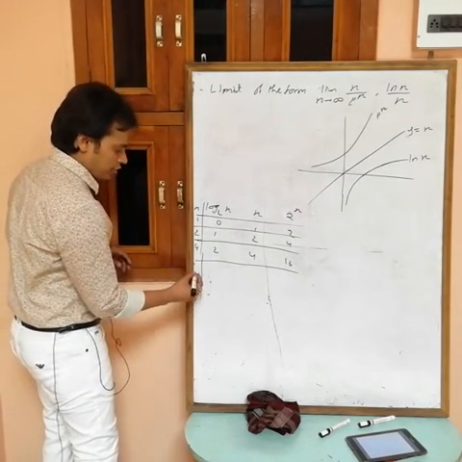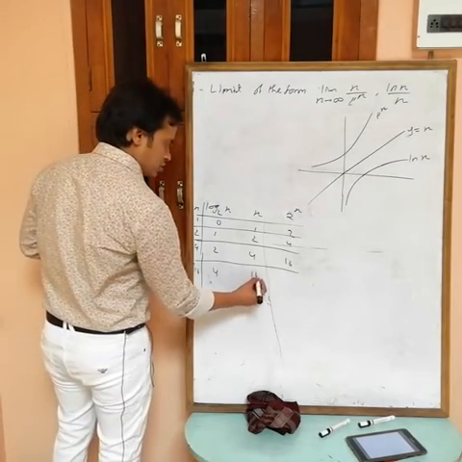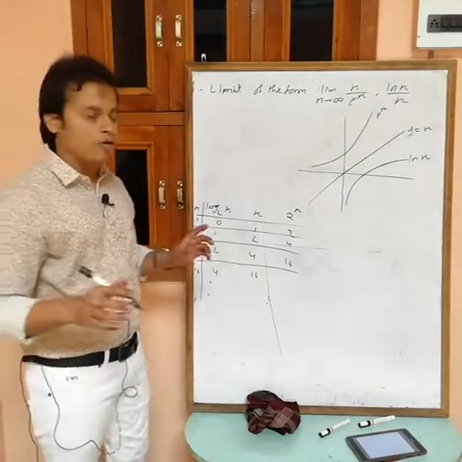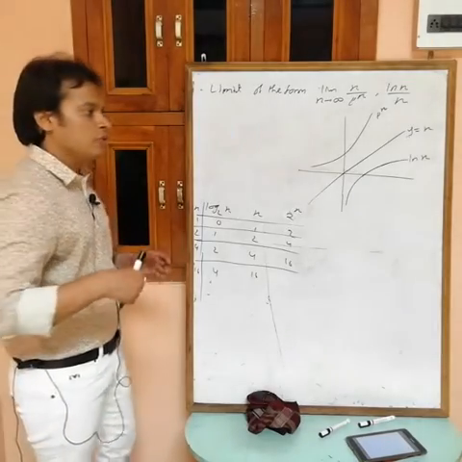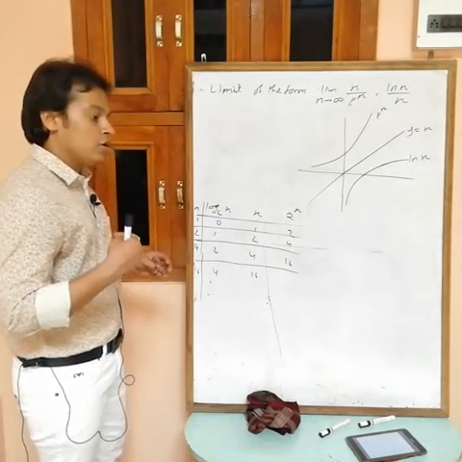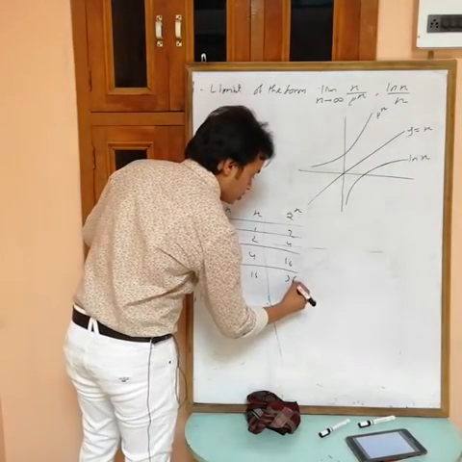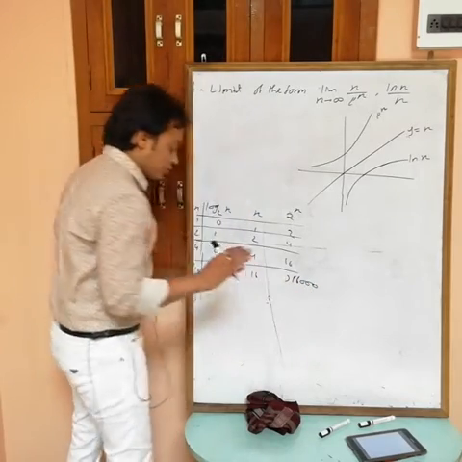Now if you put 16, then this is 4, this is 16 and 2 power 16. Now 2 power 10 is 1024, and then 2 power 16 is more than 16,000. Okay, this is more than 16,000.